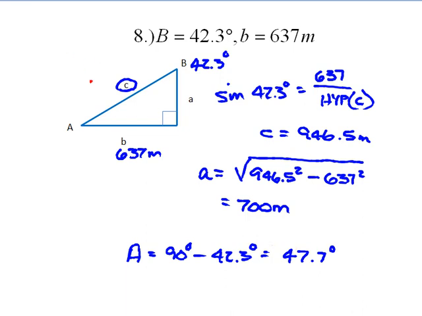Let's go ahead and complete our diagram to make sure we have everything and that it makes sense. Side A was 700 and angle A was 47.7 degrees. Okay. Looks correct.